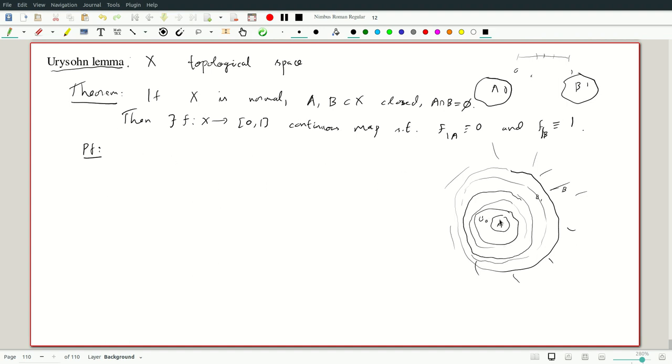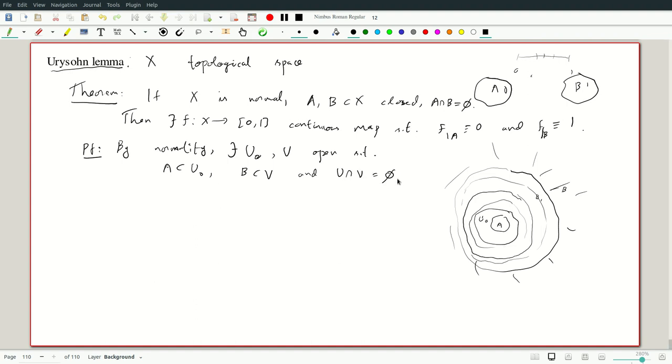So let's first start by constructing U0 and U1. By normality, there exist U0 and V open such that A is contained in U0 and B is contained in V, and U0 intersection V is empty.